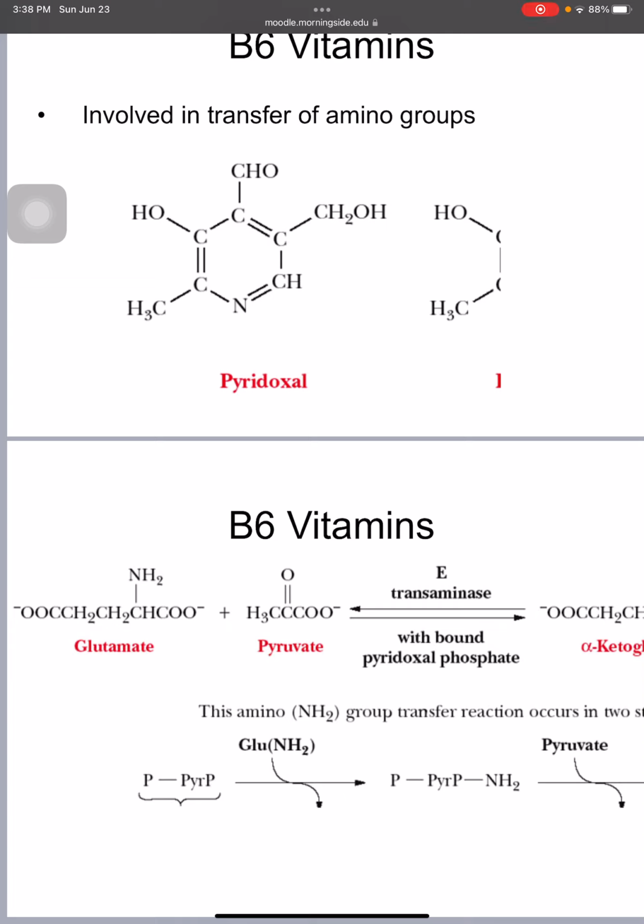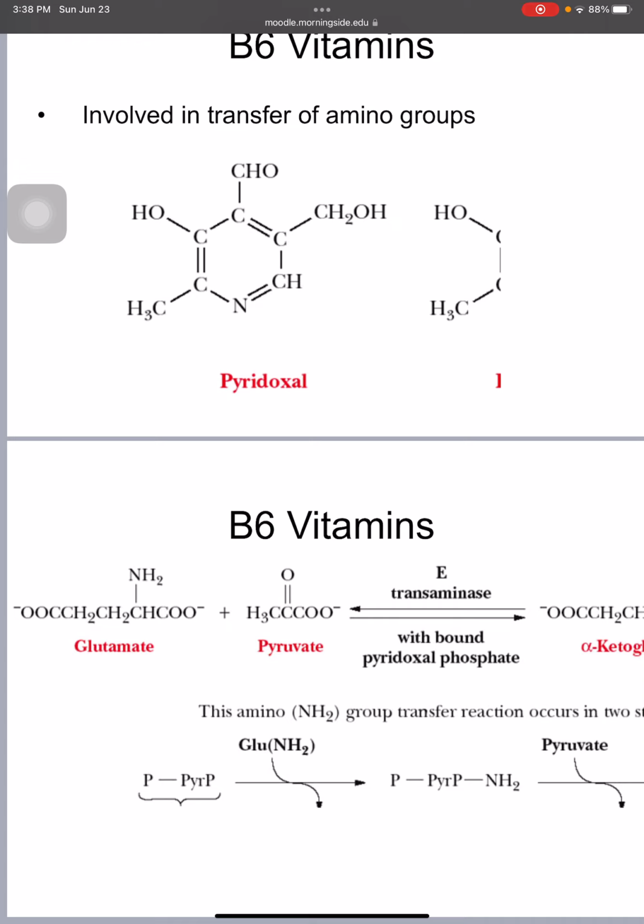Well, transaminase, with help from one of these coenzymes, pyridoxal phosphate, can basically pick that NH2, stick it on this pyruvate over here, and turn it into an alanine, and a carbonyl group ends up getting transferred to glutamate to turn it into alpha-ketoglutarate. So, just an example of how those occur and basically what its function is.